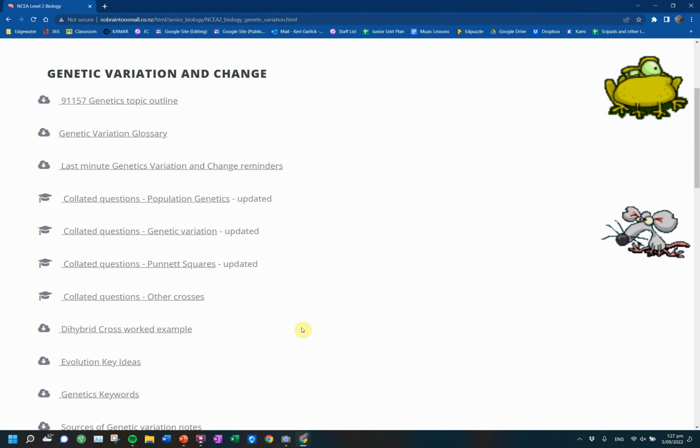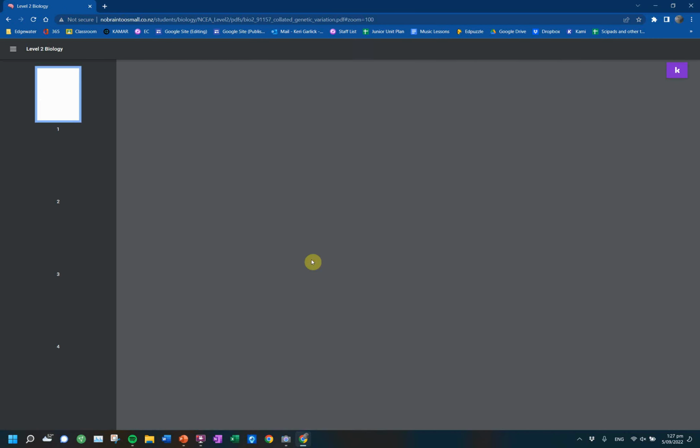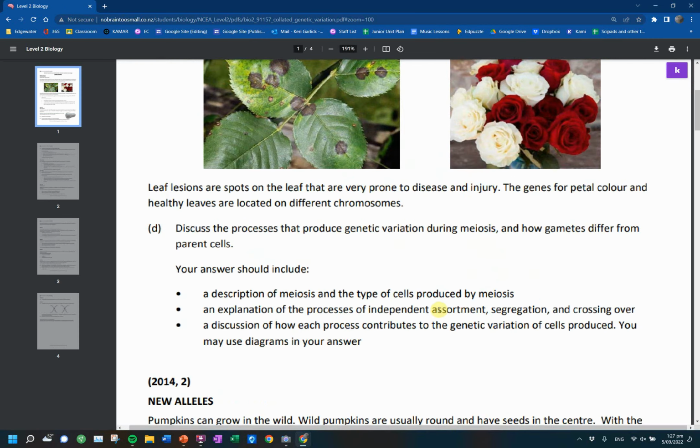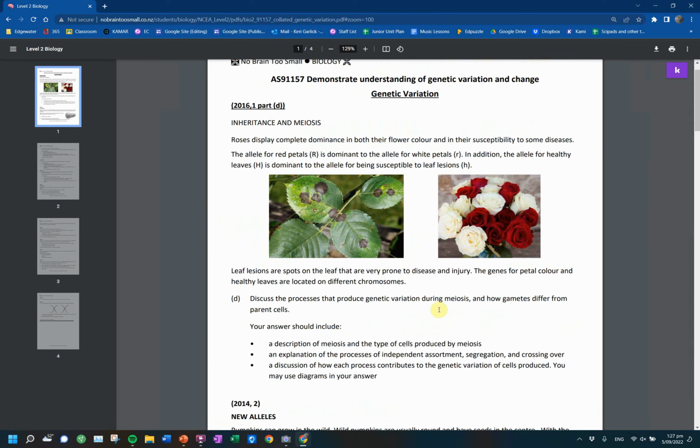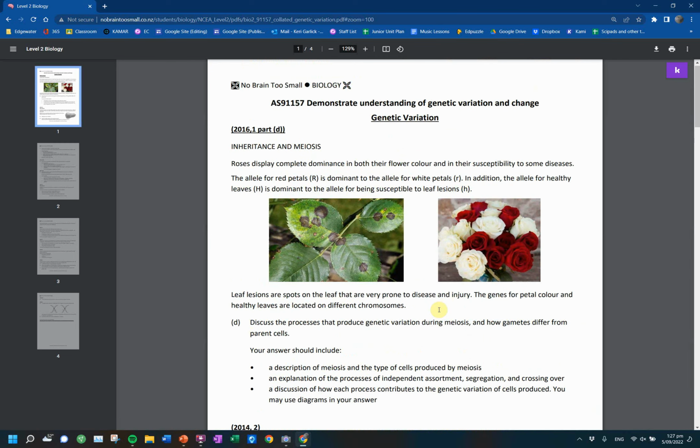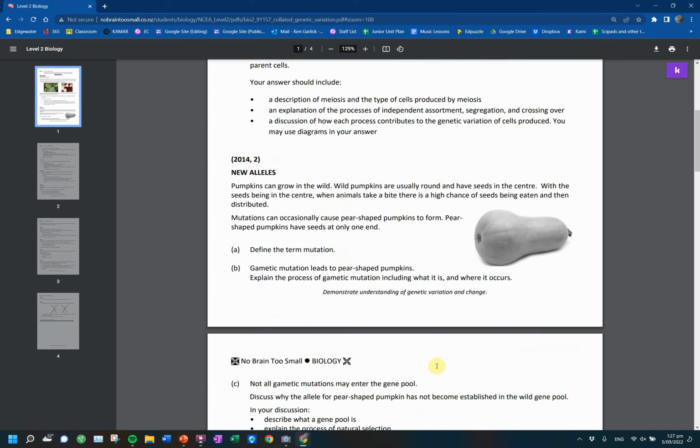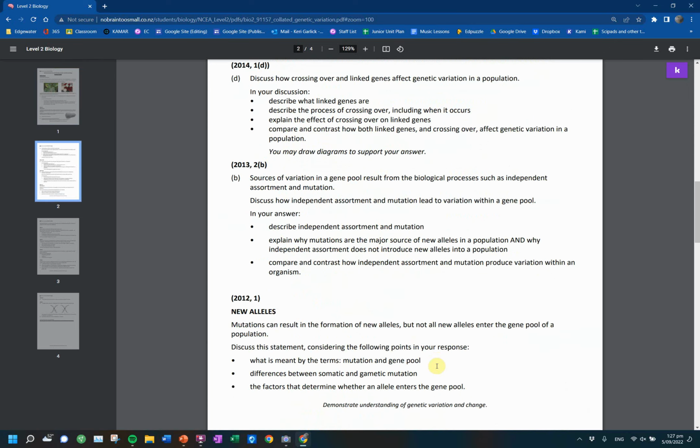The ones that you guys can probably do are the genetic variation questions. So these are past exam questions that all look at variation as a source, variation in genetics. It primarily focuses on that meiosis and all that independent assortment, random fertilization, crossing over. So that's what these questions are all themed as.